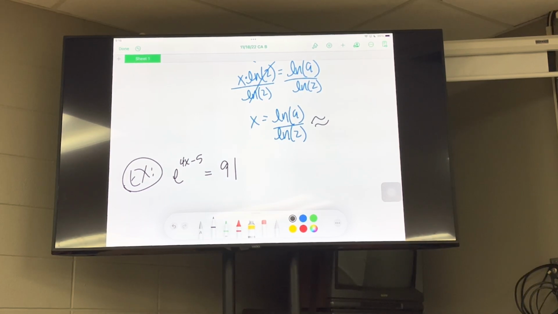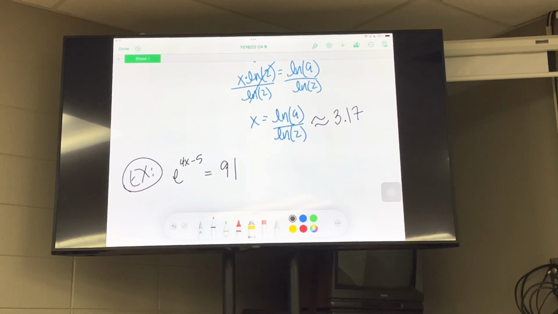What is the natural log of 9 divided by the natural log of 2? Everybody get that? 3.17, okay, good.